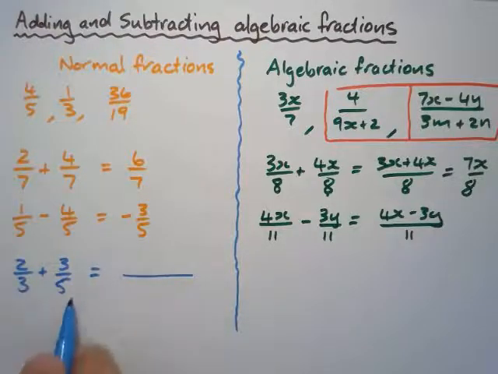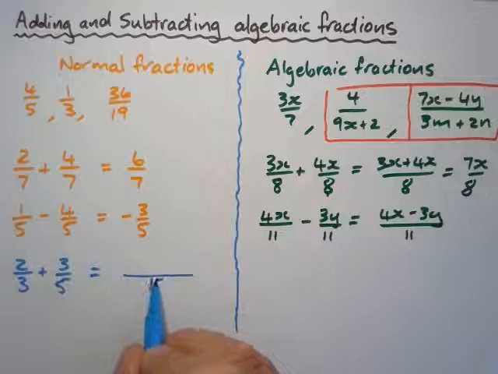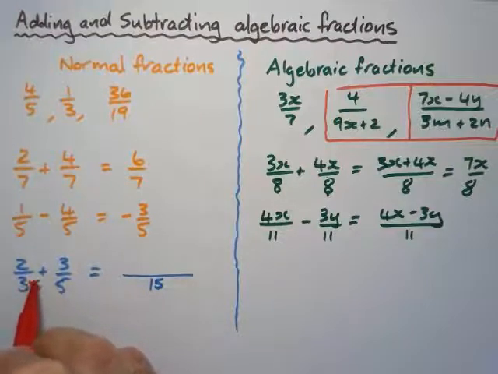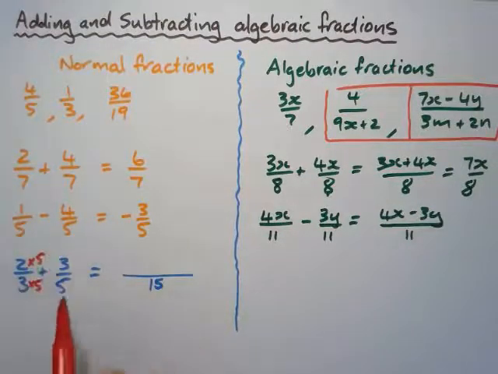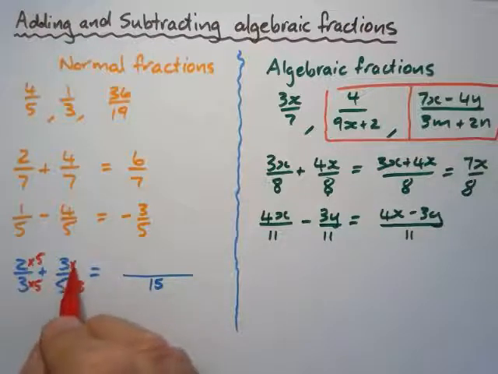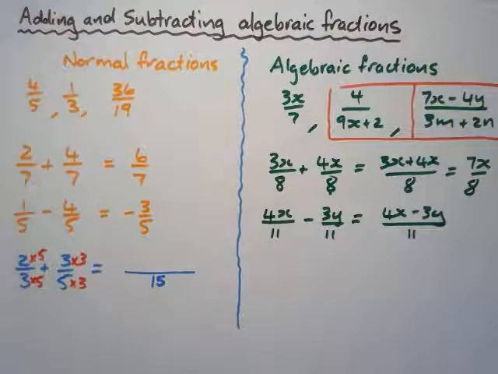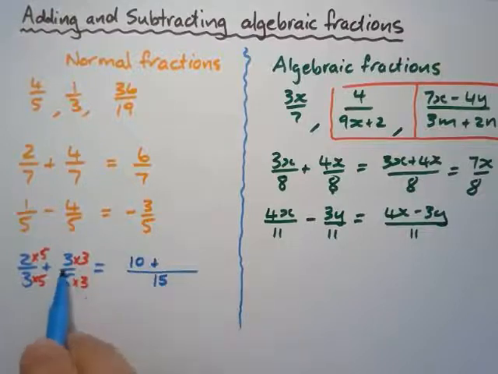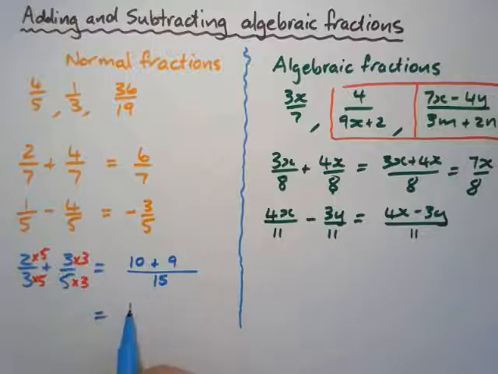The LCM for 3 and 5 is 15. How did I get from 3 to 15? I multiplied by 5, and I multiplied the numerator by 5. How do I get from 5 to 15? I multiplied by 3, and I multiplied the numerator by 3. This gives me 2 times 5 is 10, plus 3 times 3 is 9. So my answer would be 19 over 15.